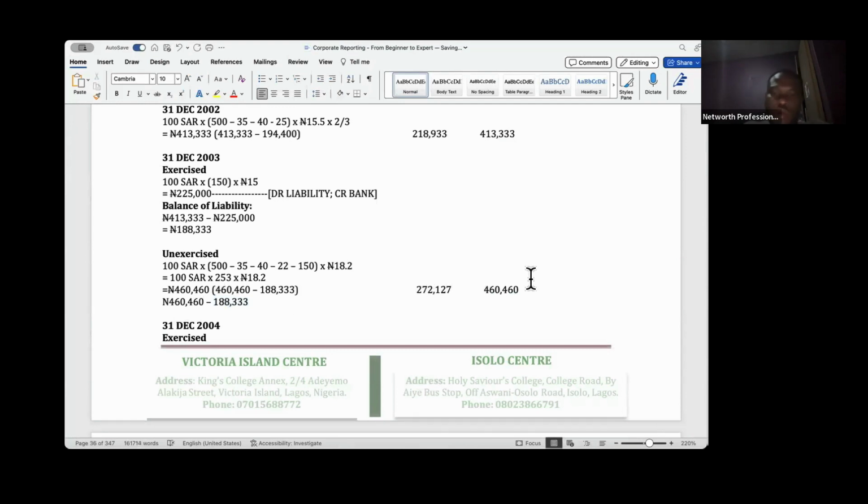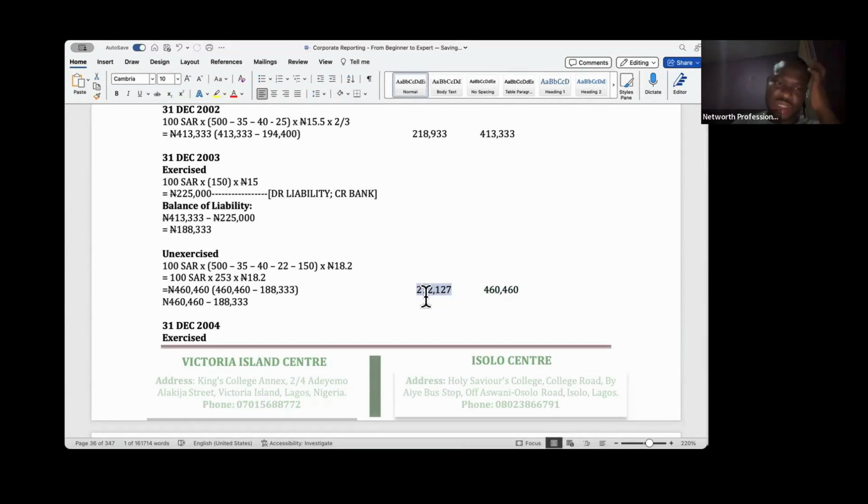So whatever is the balance goes to my P&L, right? So this is my new liability balance now. It sits in my liability. When I look at my liability account, I see that this is what I'm owing now, as far as this transaction is concerned. So this one goes to P&L as my staff cost for that year.